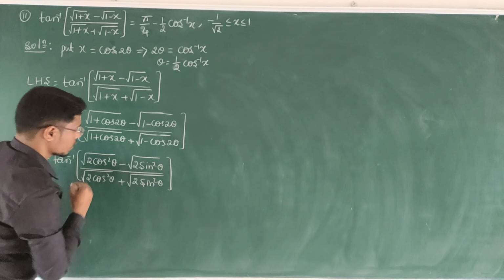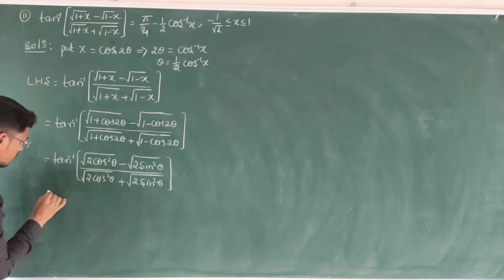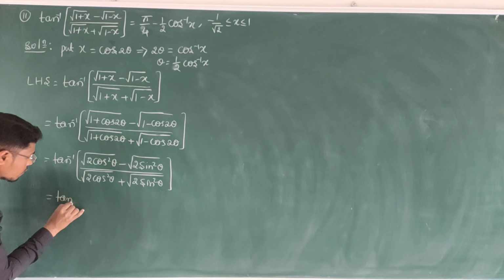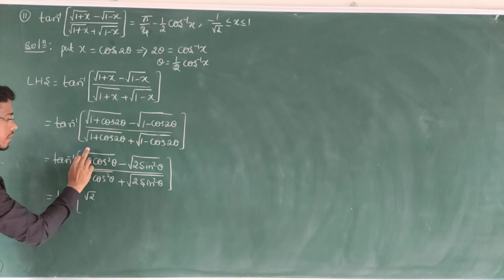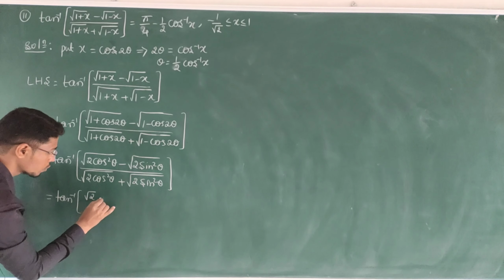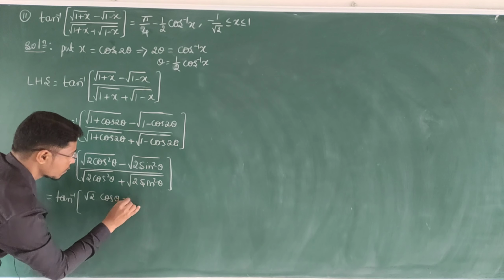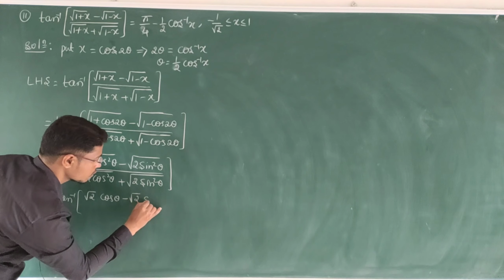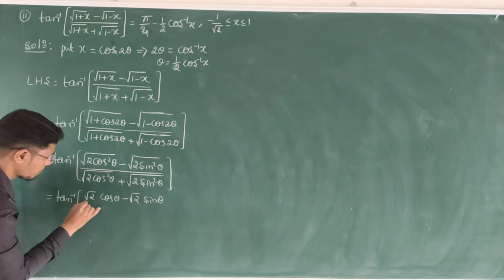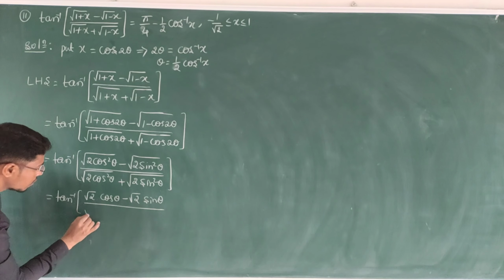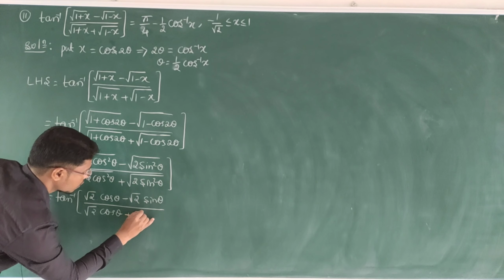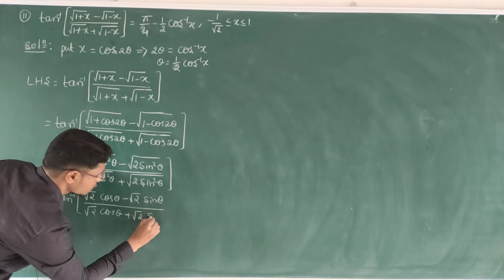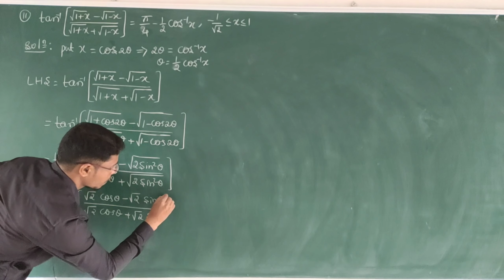So this is tan inverse of, the root and square get cancelled, root 2 into cos theta minus root 2 into sin theta, divided by root 2 into cos theta plus root 2 into sin theta.